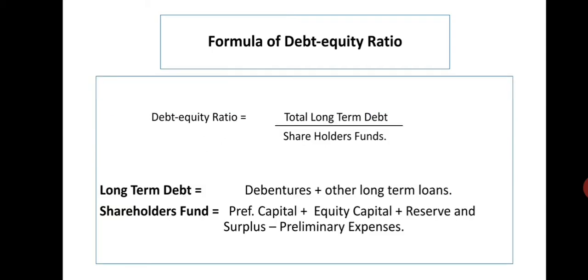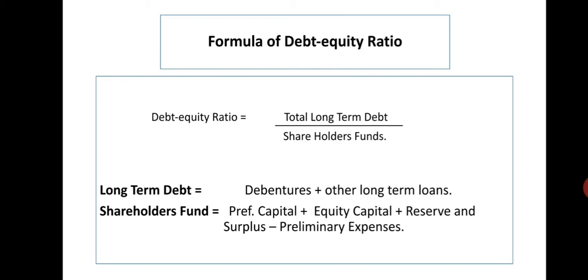What is the formula for calculation of debt equity ratio? So debt equity ratio is equal to total long term debt divided by shareholders fund. So here long term debt means what? Debentures plus all other long term loans. So whatever long term loans are taken by the company are all included over here.